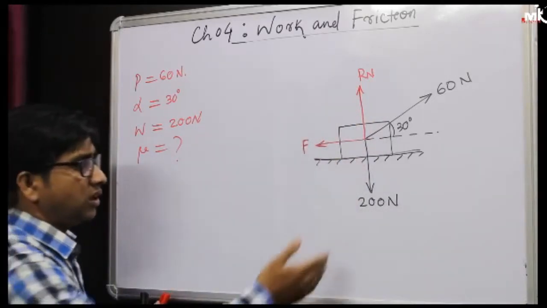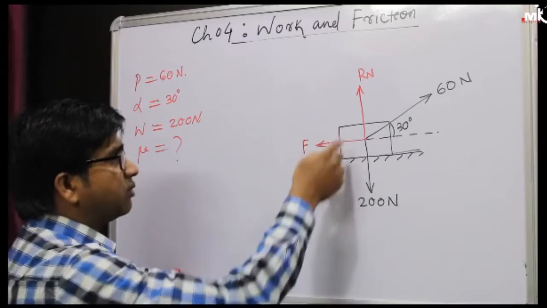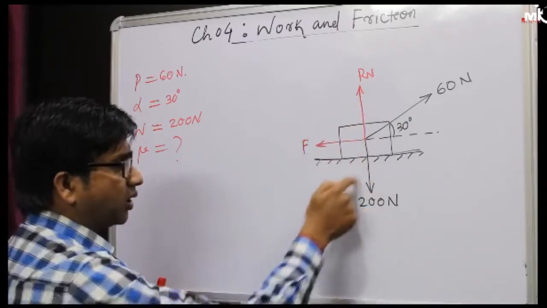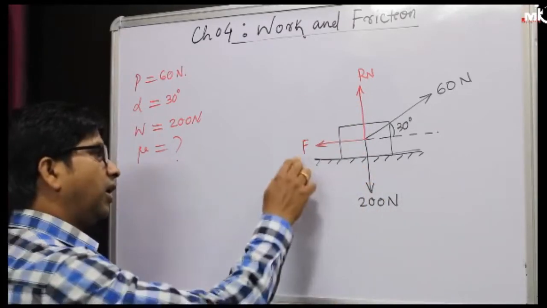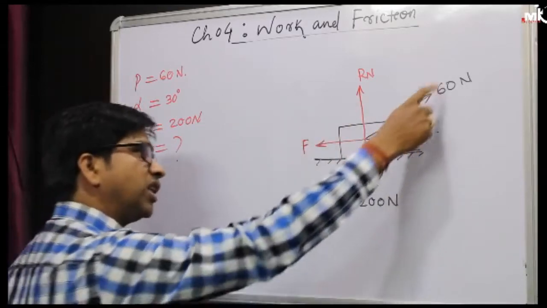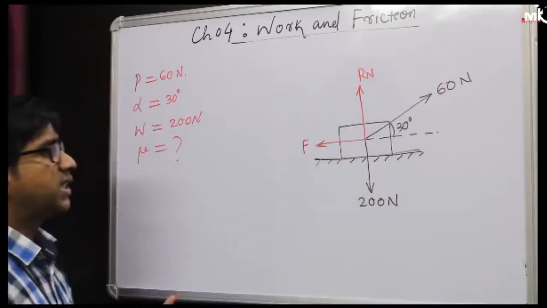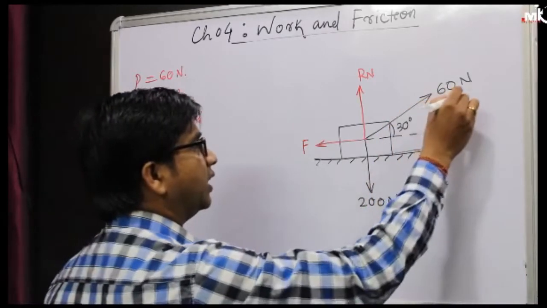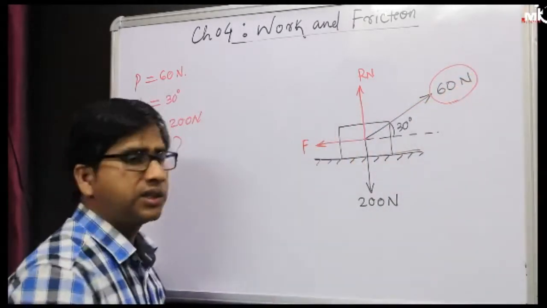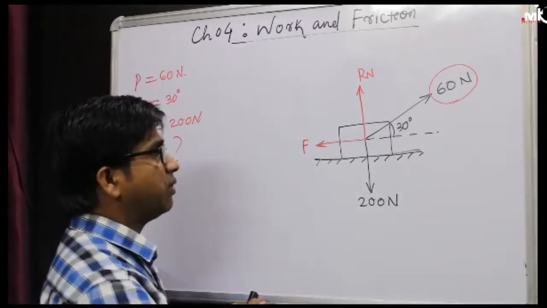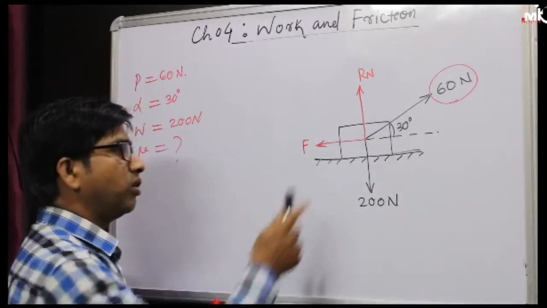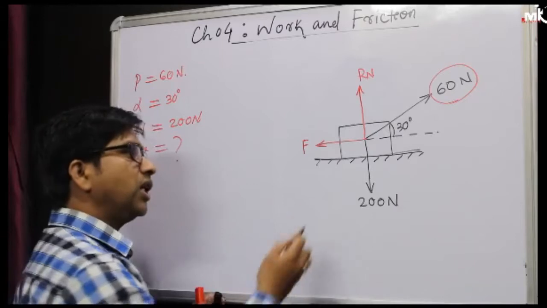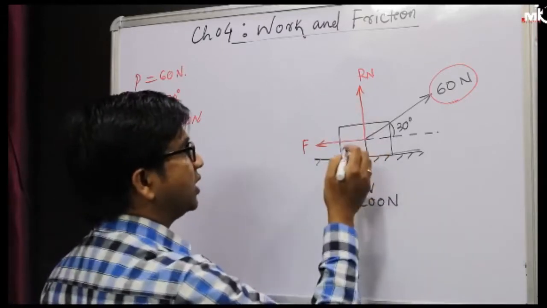So if you analyze, in the Rn direction 200 Newton is already there, and in the F direction there is no force, but this 60 Newton force is acting at an angle of 30 degrees. So it will have two components. One component will be in the direction of frictional force, and the other component will be towards Rn.